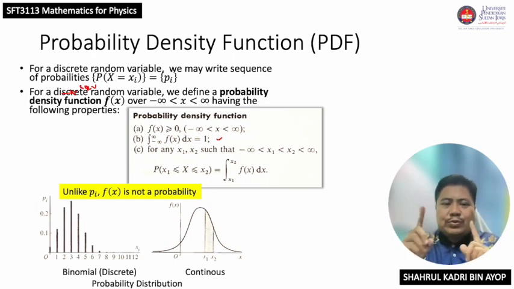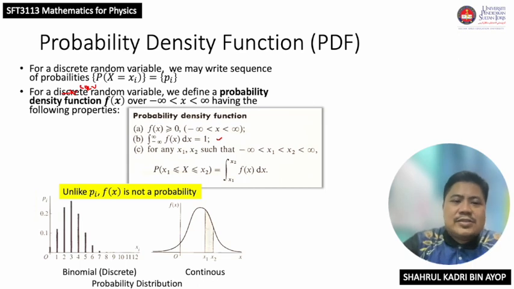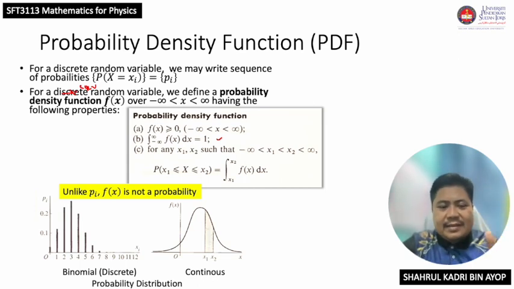For any two values between negative infinity and positive infinity, we can calculate the probability for that interval to occur by taking the definite integral between those two limits of f(x) dx. Unlike Pi, which is a probability for that thing to occur, f(x) is not directly a probability. It is related to probability, but f(x) is not a probability.